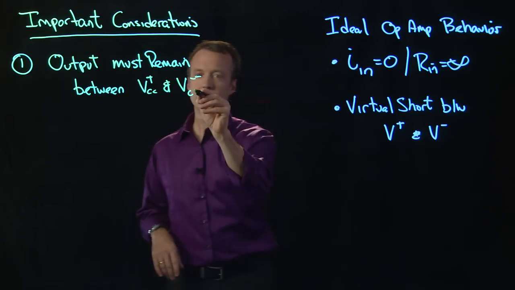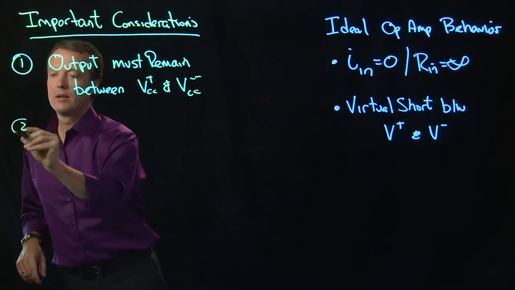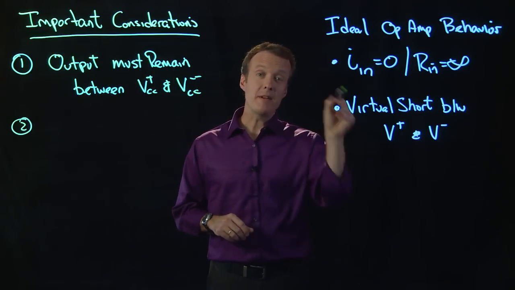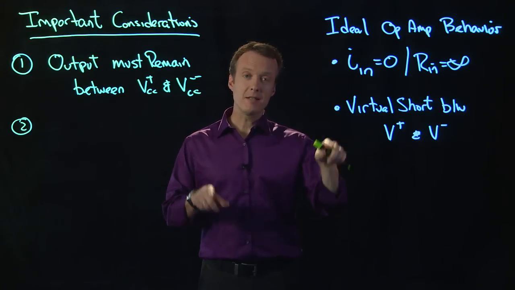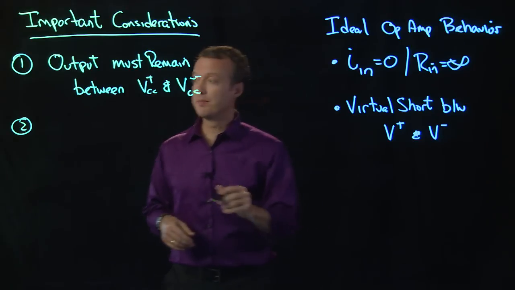The second assumption that's really important is that the op-amp must be connected with negative feedback. Remember, the goal of the feedback is to monitor the output and adjust the input so as to reduce the errors to 0.